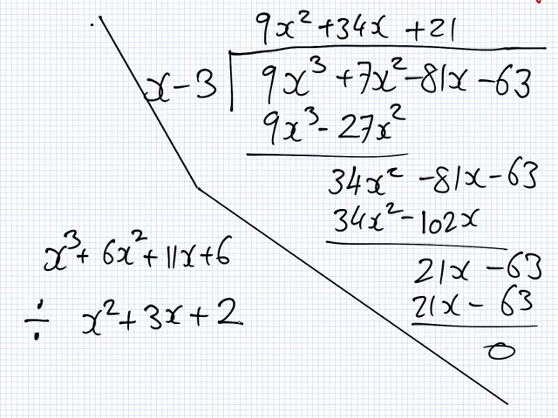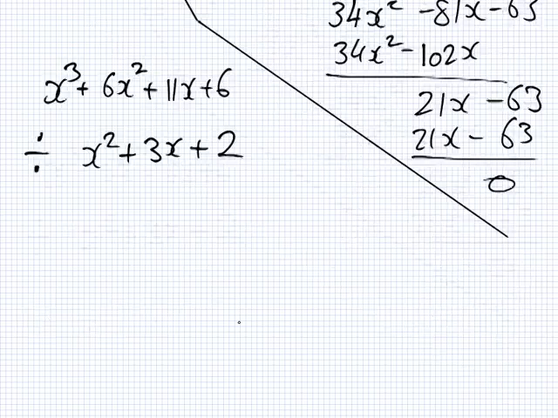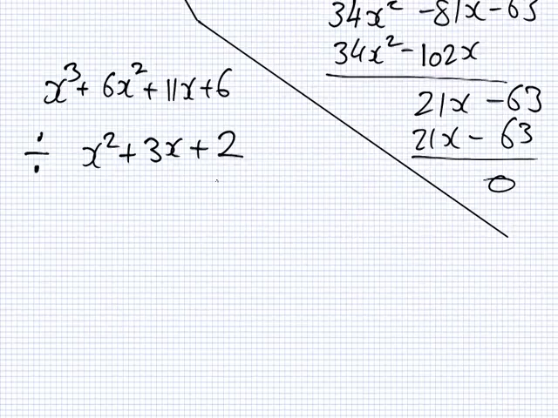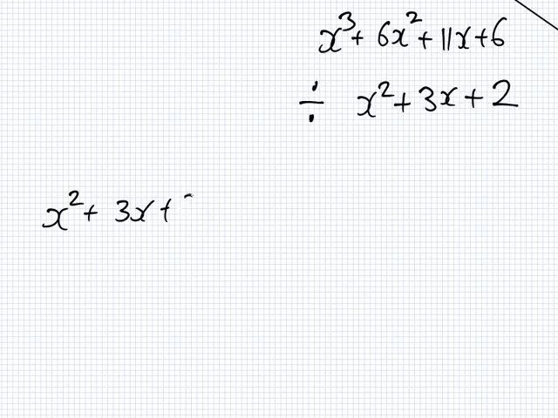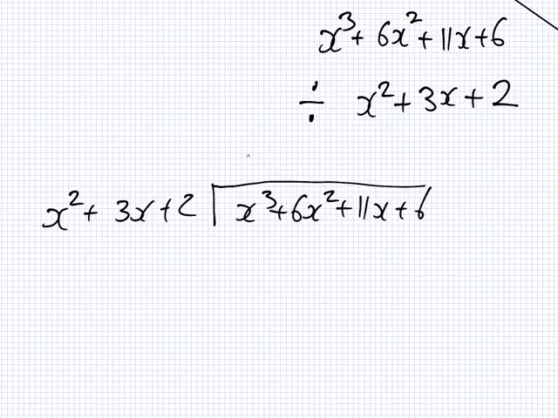Okay, let's have a look at this one now. It's much shorter than the other one. In fact, it's easier. So we have x squared plus 3x plus 2 divided into x cubed plus 6x squared plus 11x plus 6. So what's first? Has to be x.